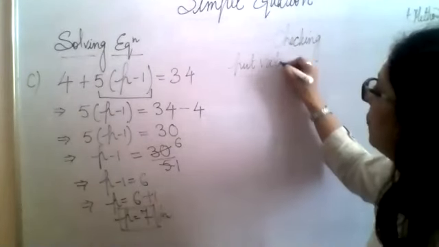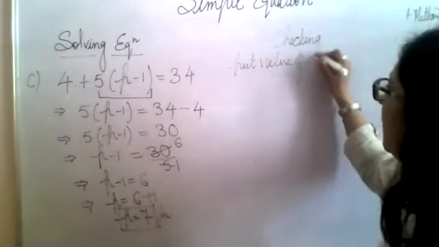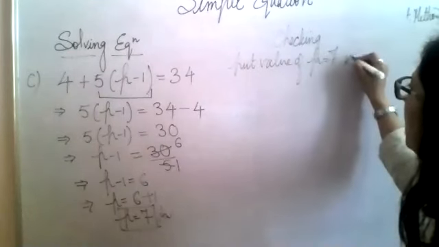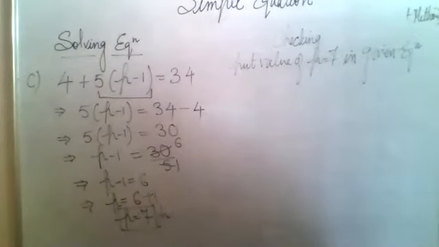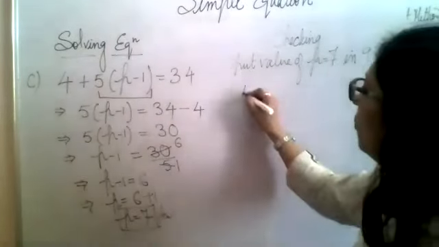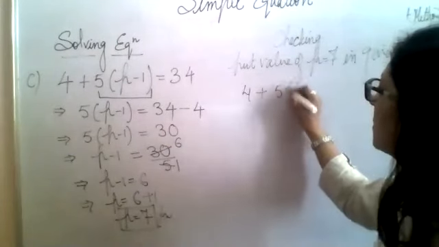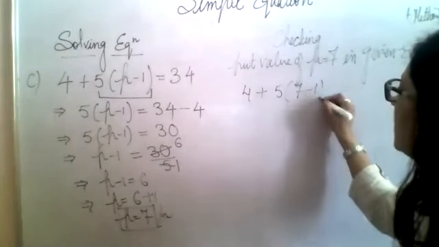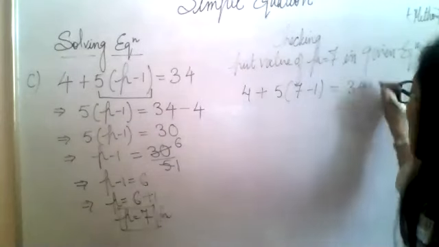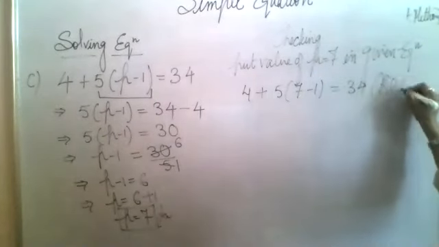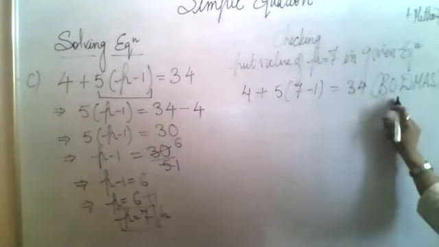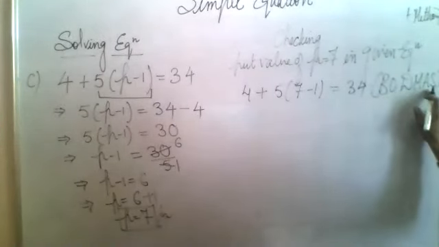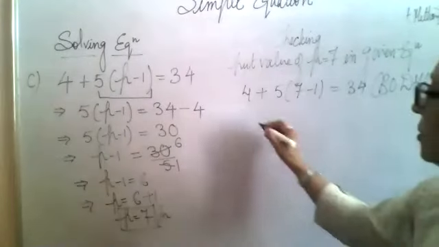Put the value of p equal to 7 in the given equation. And you will put 4 plus 5 into bracket 7 minus 1 equal to 34. Use BODMAS. Bracket open, then of means multiply, divide, multiply, addition and subtraction.